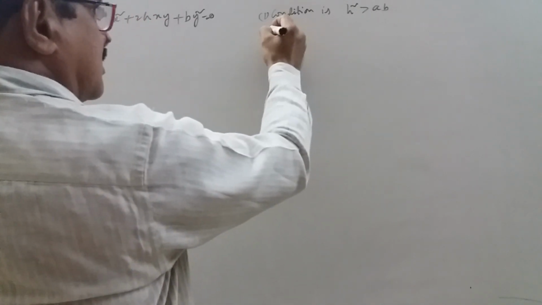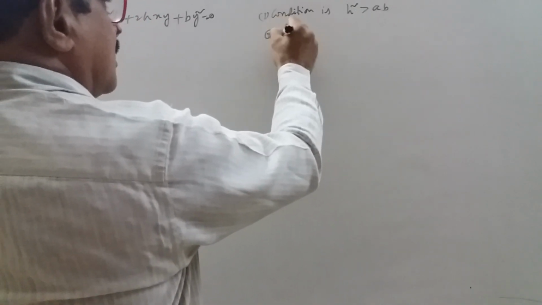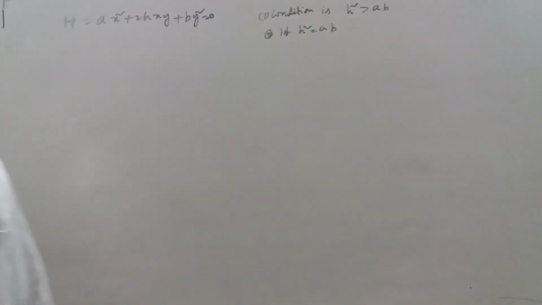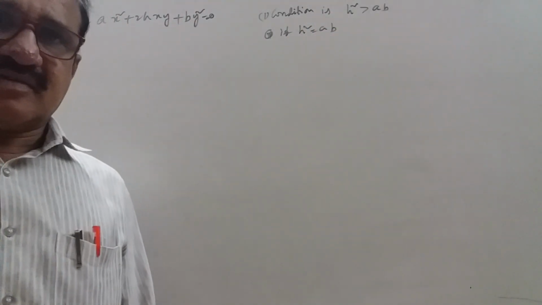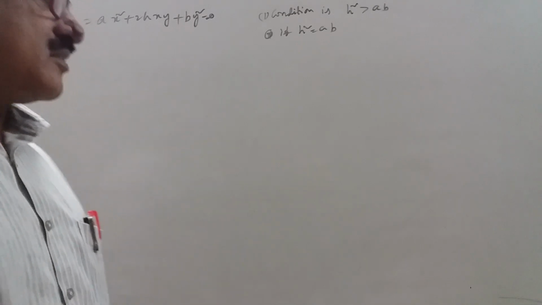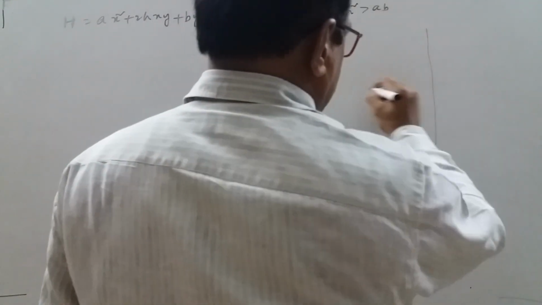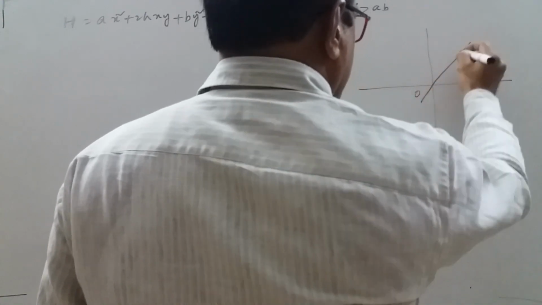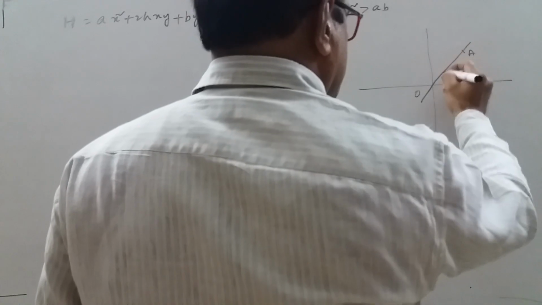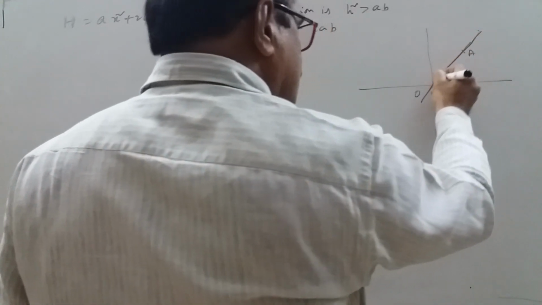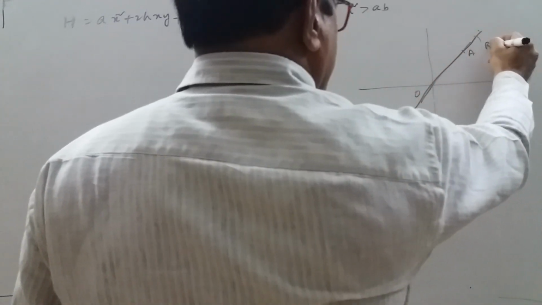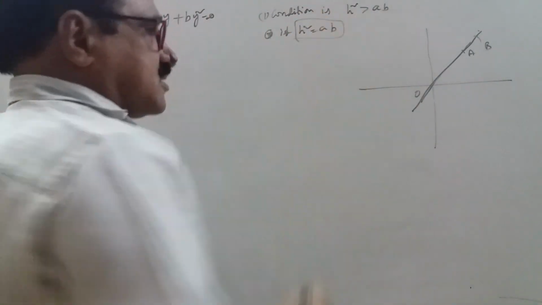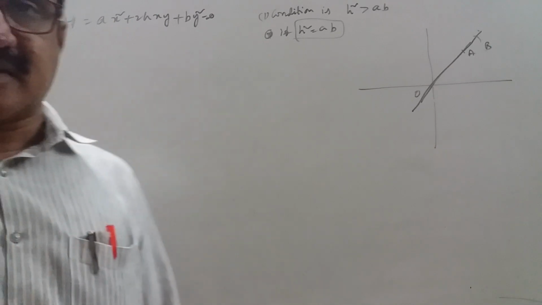Here we have to discuss another point, the second one. If h square is equal to ab, then the two straight lines coincide with one another. That means these two straight lines may be like this. This is OA, L1, and another one is also OB. In that way, if h square is equal to ab, the lines are coincident lines. You have to remember that point.